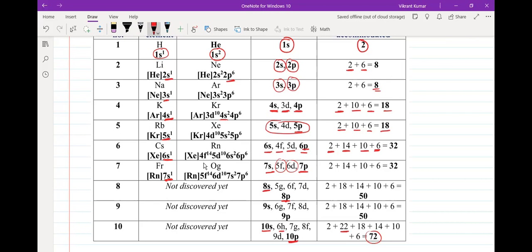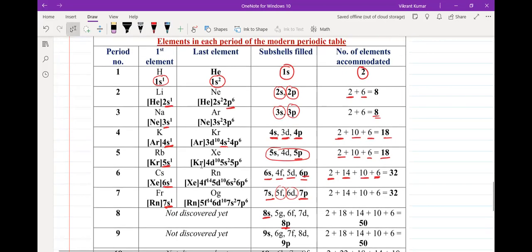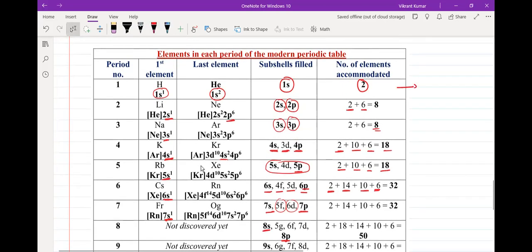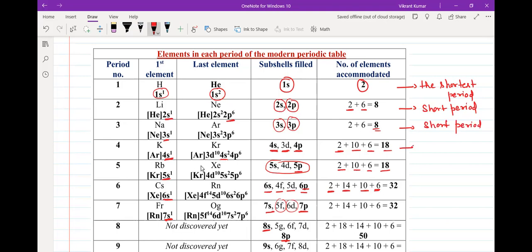Now, because this has got the least number of elements, we call it the shortest period. ये सब नाम आए हैं अभी तक जितने periods हैं उतने पे. These two are called the short periods. These two are called long periods because they have got 18 elements.